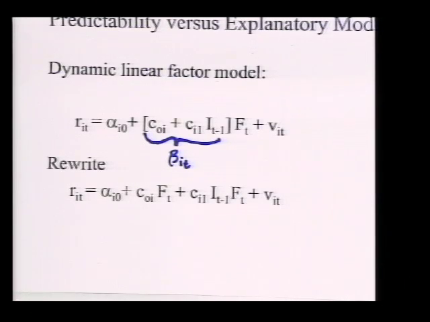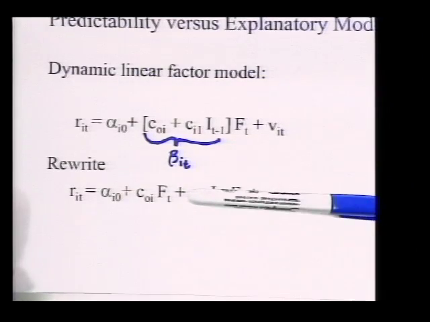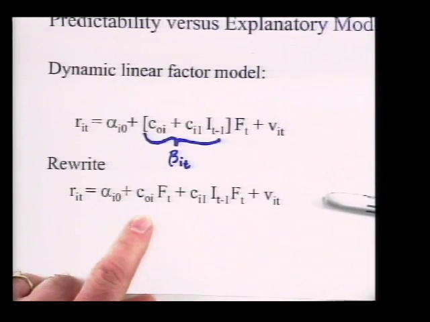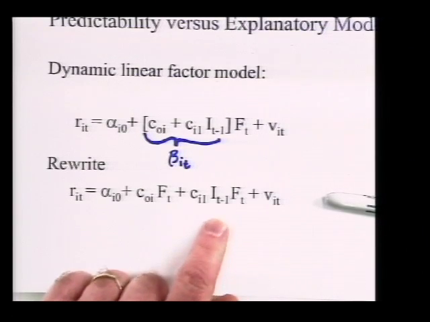And when you do that, notice the following. This kind of looks like what we started with. The c0i looks like our initial beta. But we've got something else here now: a second coefficient multiplied by I_(t-1) times F_t.